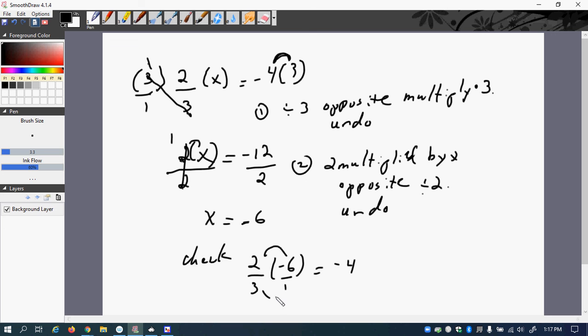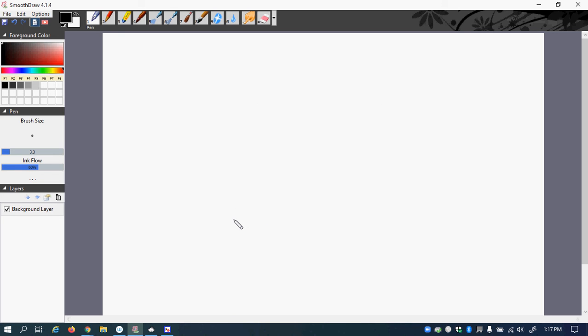So we multiply. Okay, so 2 multiply negative 6 is negative 12 equal to negative 4. So negative 12 divided by 3 is negative 4, and so check work. So respuesta is correct.